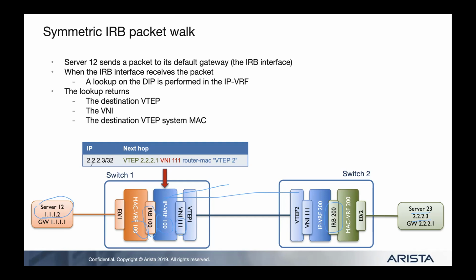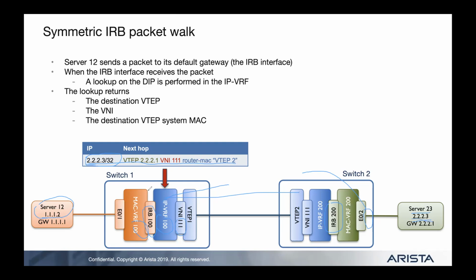So now, as we discussed, as soon as this ARP or MAC is learned locally, it will advertise a type 2 route. And based on the type 2 route, because that SVI is not present here, we will install this route into this IP VRF. What is the route to reach 22.2.3/32?